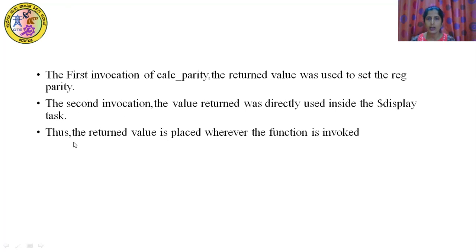Thus, the returned value is placed wherever the function is invoked. Once the values are processed, the returned value is placed exactly where the function is invoked. So this is how the computed value will be returned back to where the function is invoked.